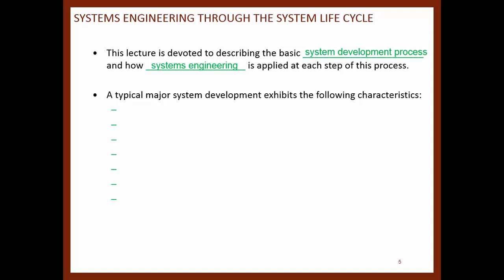A typical major system development exhibits the following characteristics. It is a complex effort, and this is one of the questions that I got via email: how do I know that I'm choosing the right system for our project? Among the characteristics that were described in the project description, this can help you in making sure that your system is achieving those characteristics that are required for a complex system.